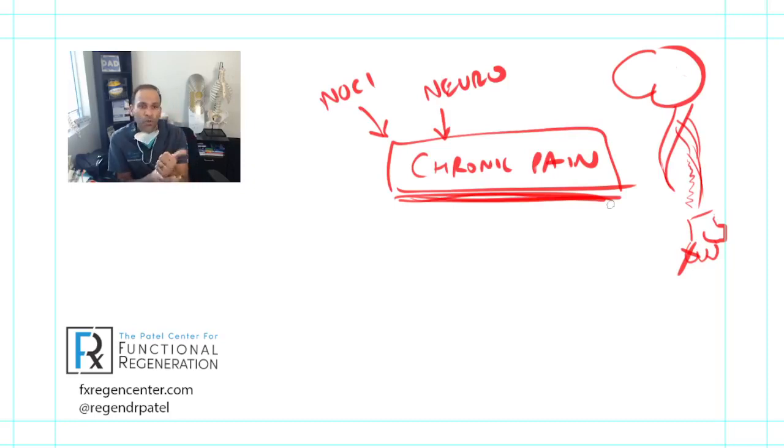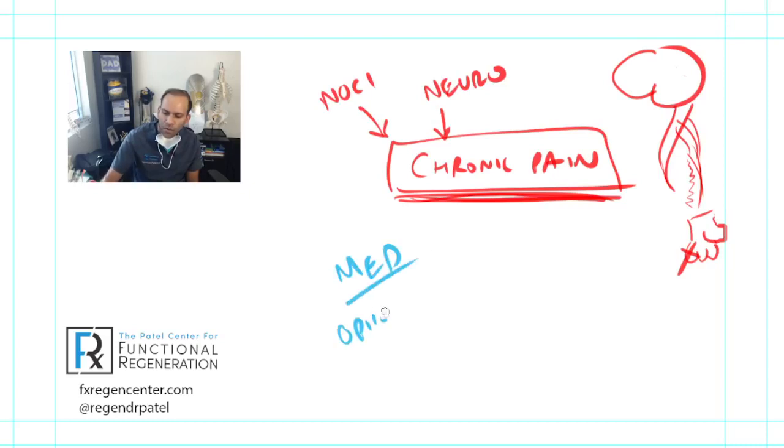So the opioid pain medications are one thing that could be used for treatment, but there are other medications that could be used as well. So you have your opioids, you have medications that specifically deal with nerves, things like gabapentin, Neurontin, Lyrica. Certain antidepressants may actually help with nerve-related pain.